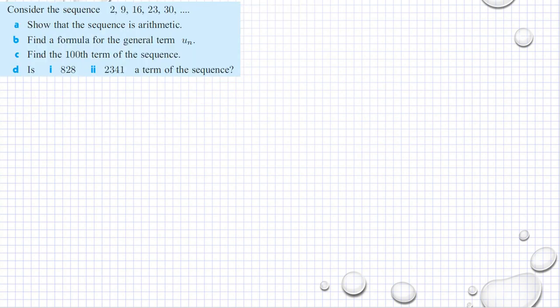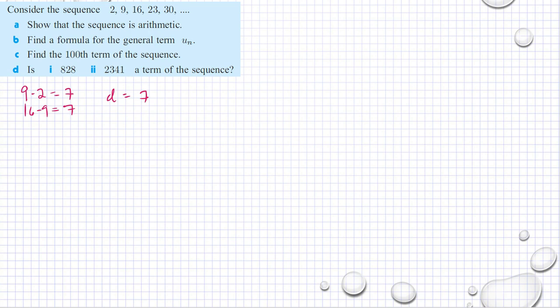Here's another example. Consider the sequence 2, 9, 16, 23. So we have 9 minus 2 is equal to 7. And then 16 minus 9, we have 7 also. So we know that the difference is equal to 7.